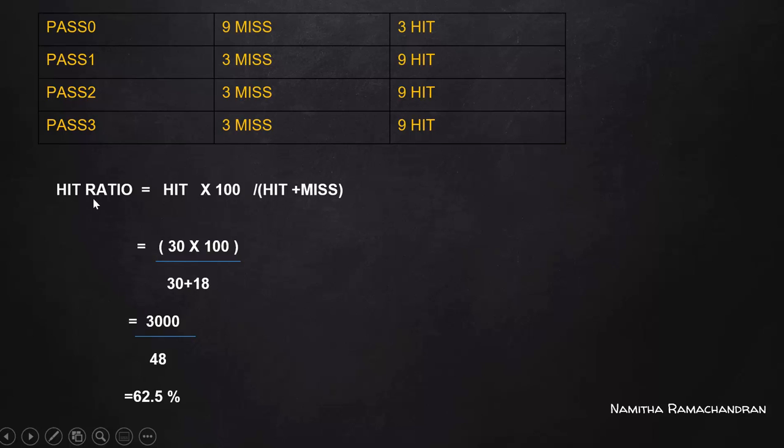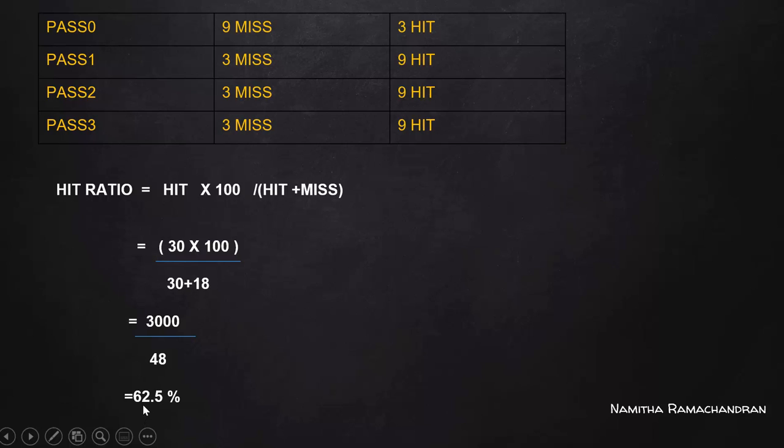So we can calculate the hit ratio or hit percentage: total number of hits divided by total number of hits plus total number of misses, times 100. This times 100 is for getting the percentage of hits. So the total number of hits here is 9 plus 9 plus 9 plus 3, which is 30. 30 divided by 30 plus this much, 18, times 100.